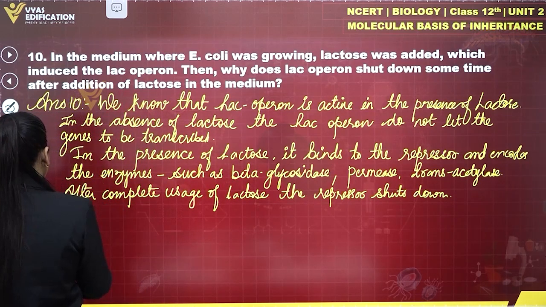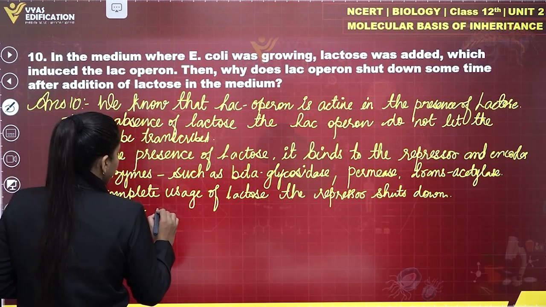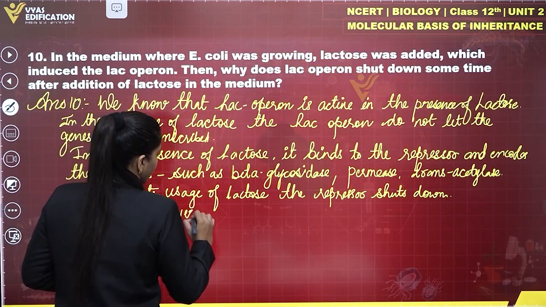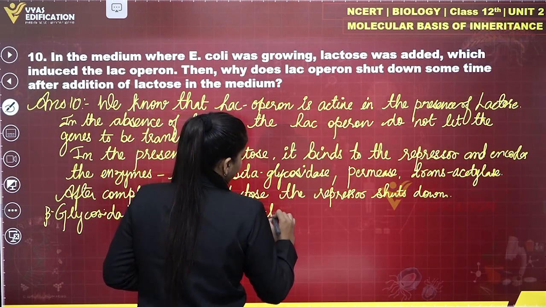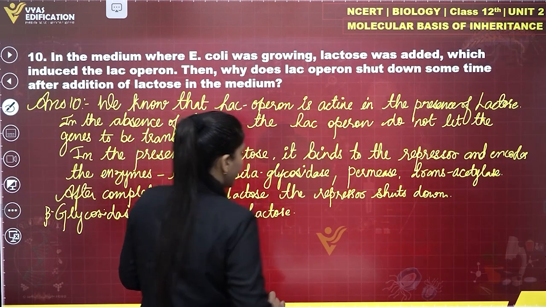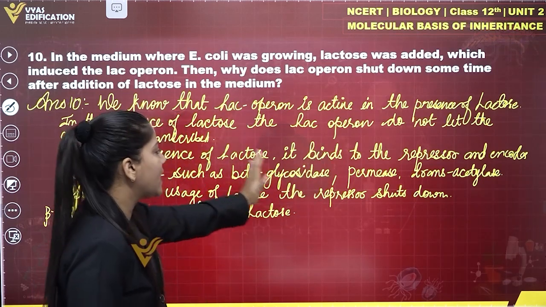Now, what is the function of beta glycosidase? Whenever the lactose is present, the lactose will bind to the repressor and forms these enzymes.